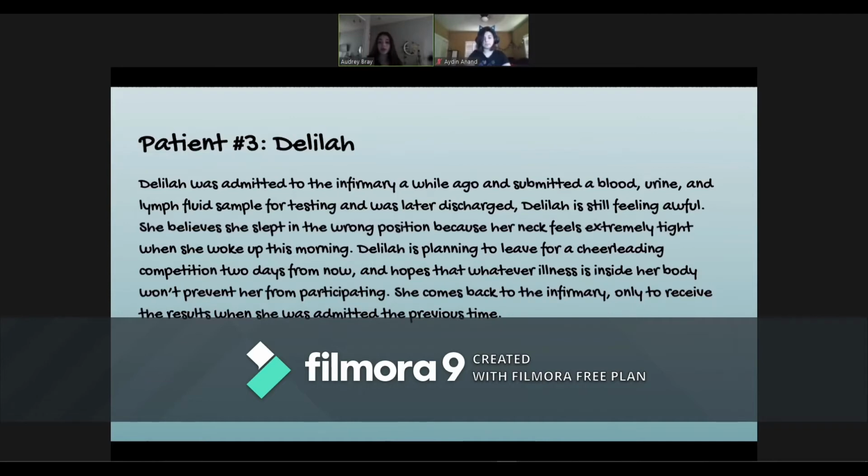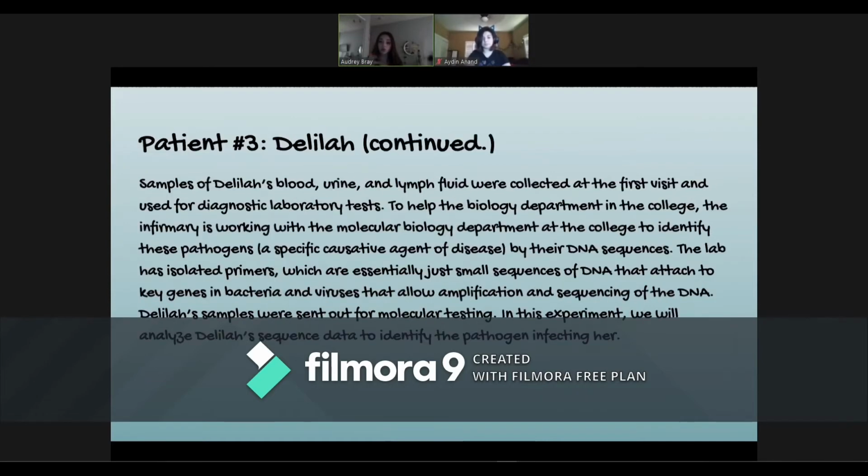So she goes back to the infirmary only to receive the results from the test that she took when she was admitted last time. The samples were collected in the first visit, the blood and urine tests, and the biology department in the college was working with the molecular biology department to identify what pathogens were inside of her samples to see what was the cause of her symptoms.